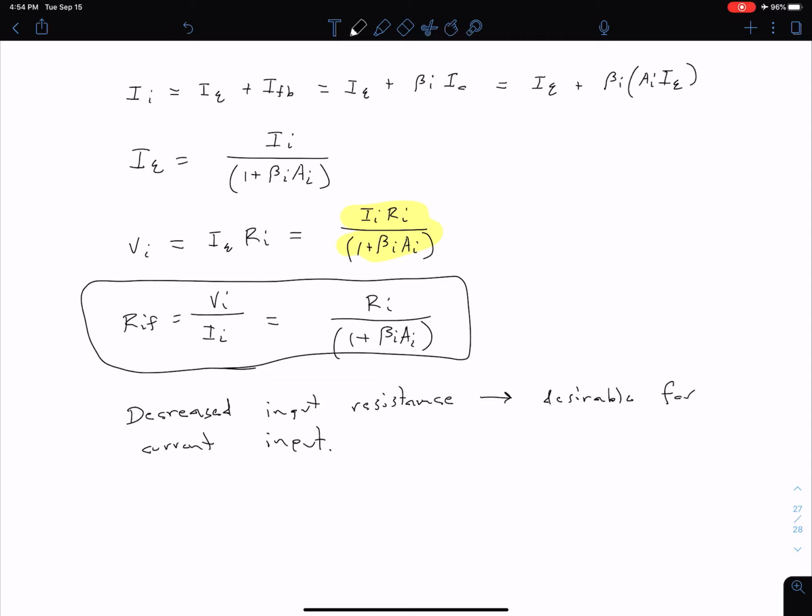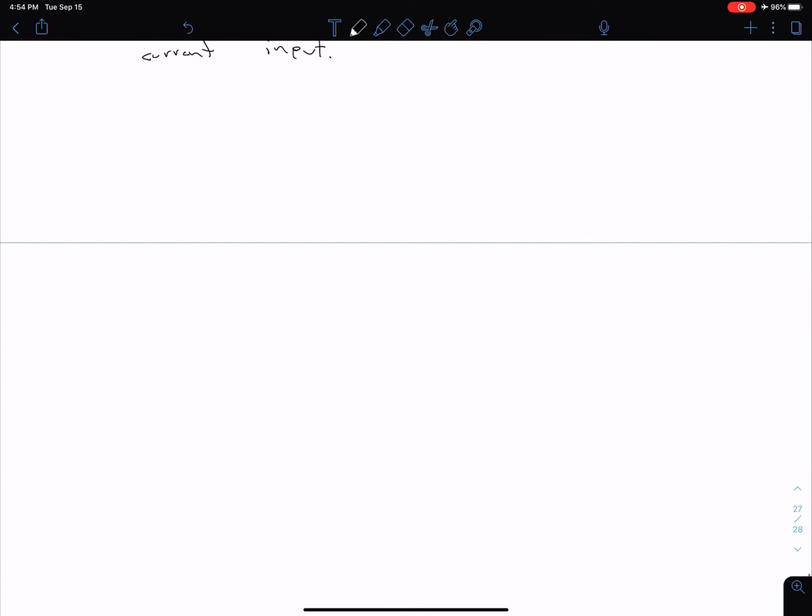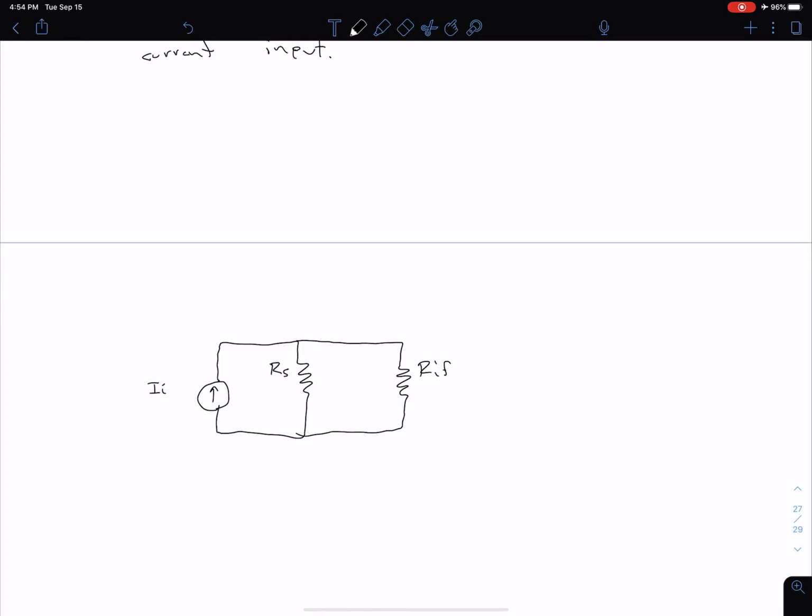Okay, so what we can do to sort of reinforce that is if we think we have some current here, which is our input current, and the simplest current divider circuit, we have our series resistance with that current source R_S, and then we can approximate that amplifier with feedback network as having this input resistance R_IF. And so ultimately, this is going to be the current that goes in to get amplified.